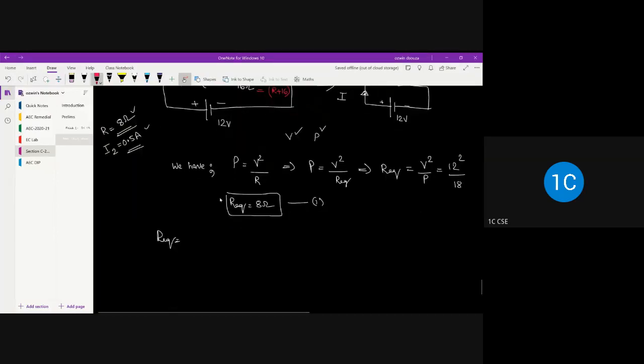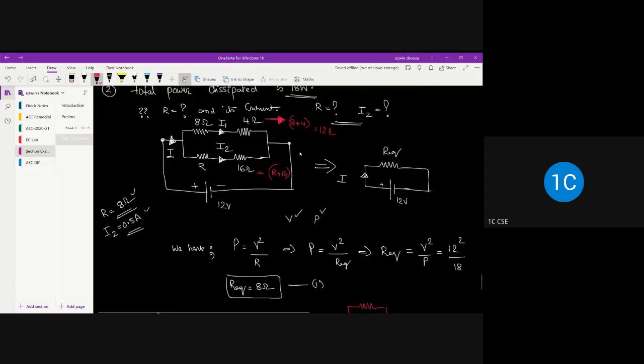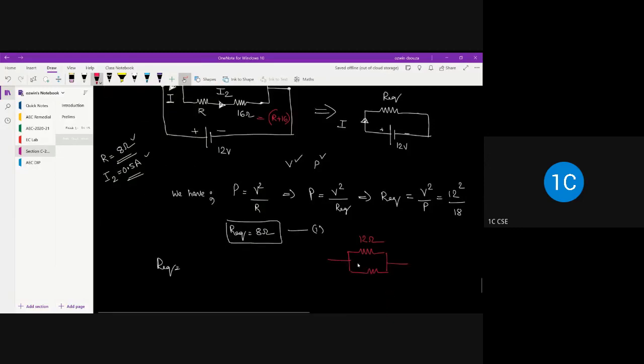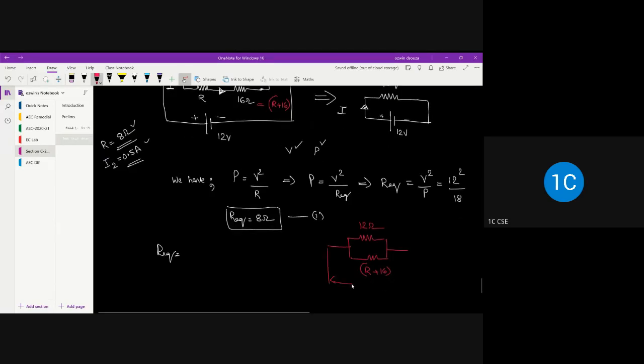So this R equivalent can now be easily found. In the upper branch, you have an equivalent resistance of 12 ohm. In the lower branch, you have an equivalent resistance of R plus 16 ohm. So basically you have a parallel combination.